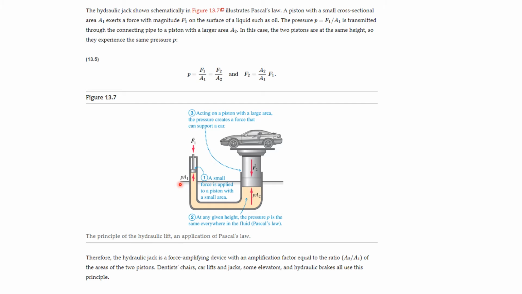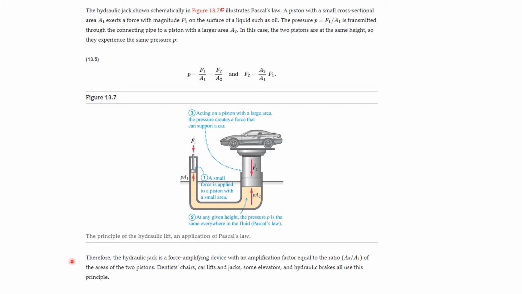And the force is pressure times area. So you're putting this pressure in, and what really happens is that F1 over A1 is equal to F2 over A2, or F2 is equal to A2 over A1 times F1. And so you can do problems with this.